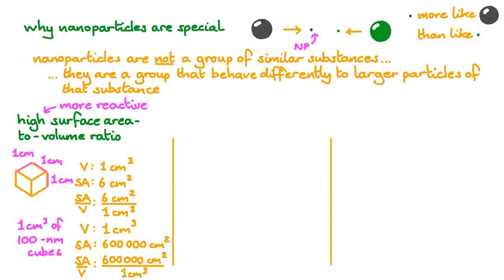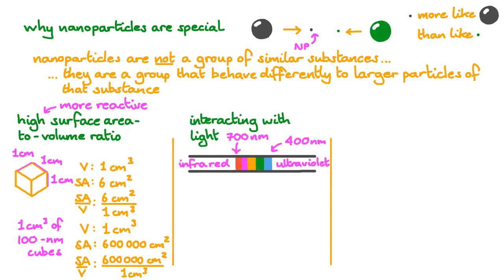This gives us a surface area that's 100,000 times bigger. So neglecting any other factors, simply because they're so small, nanoparticles are likely to be more reactive, more flammable, and better catalysts. You can use less material to have the same surface area and the same catalytic activity.